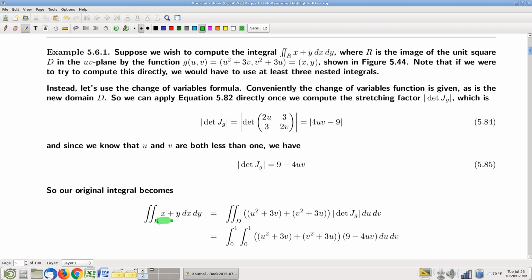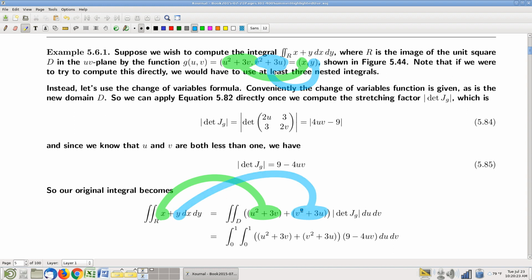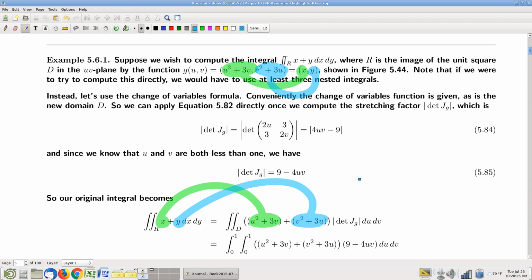What do I do with x? Don't forget, the change of variables function tells you what x is. x is just that. And likewise, the change of variables function tells you what y is. y is that. Everybody on board?